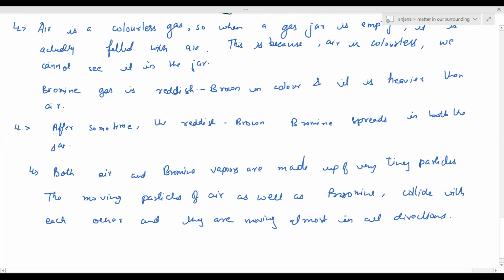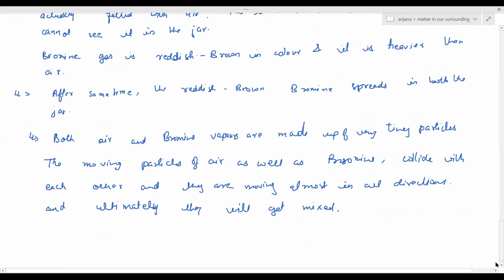And ultimately, they will get mixed. So we can clearly see that the gas particles of bromine are moving, okay?